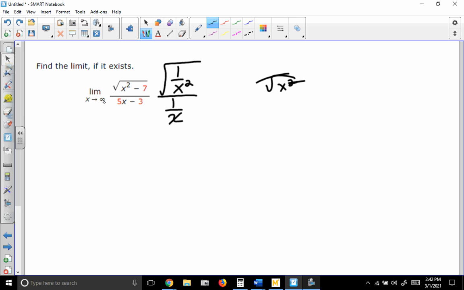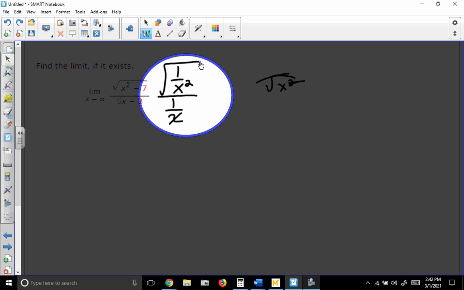Since we are going to positive infinity, then it is true that this fraction equals 1. As x goes to positive infinity, this fraction equals 1. And remember, when we're rewriting something, we don't want to change how much we have, just what it looks like. So we want to multiply by 1.